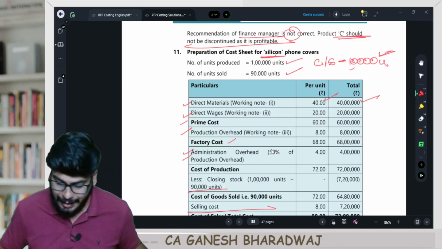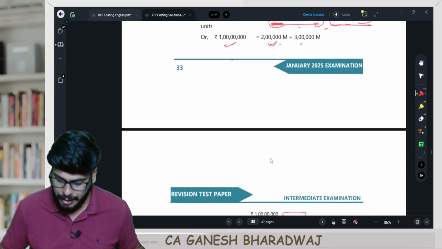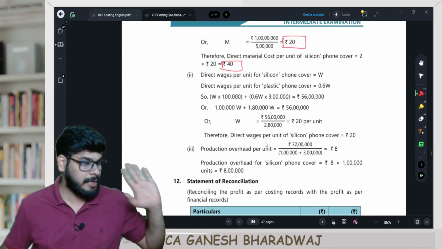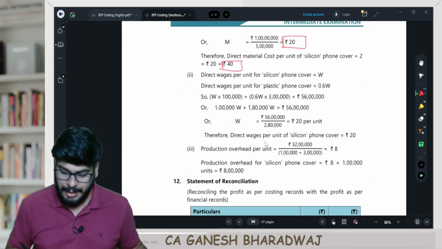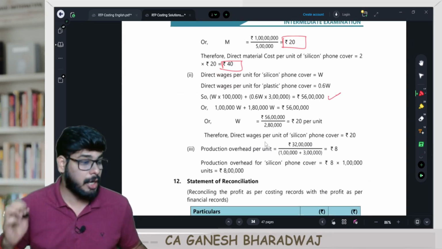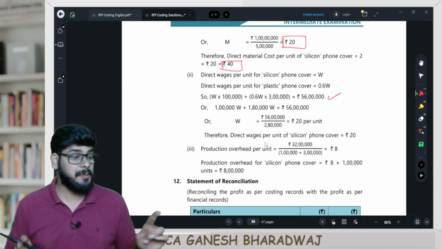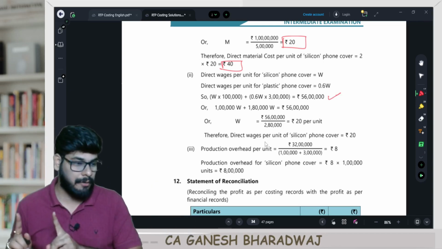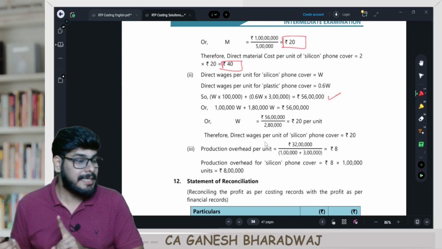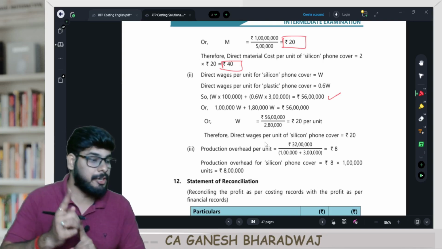Next, direct wages. What have they given in the question? They have given that the total direct wages is 56 lakhs. Perfect. They have also given that the direct wages per unit of plastic phone cover is 60% of that of the silicon phone cover.